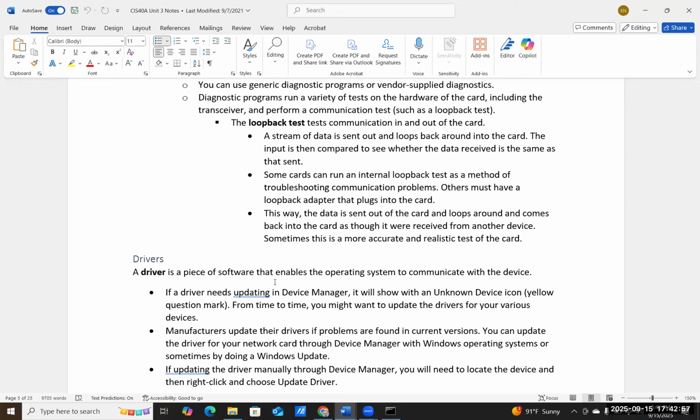And that works with the operating system. So it is a piece of software that the OS uses to be able to communicate with the hardware, right? But if you take CIS41 and talk about the OS and the different layers, it uses a certain area of the OS to be able to manage your hardware.